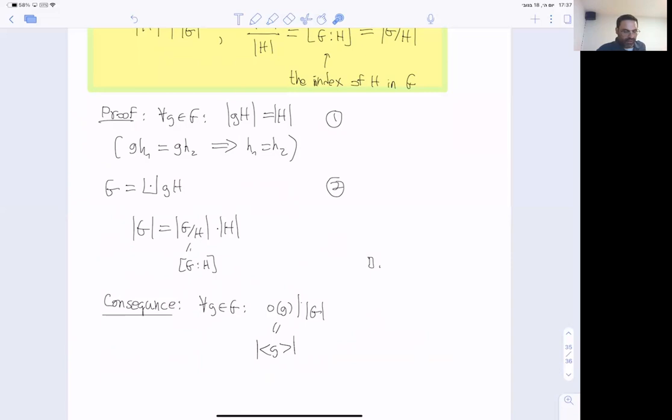And if you remember, I told you that I'm going to get to this when we talked about the classification of cyclic groups.